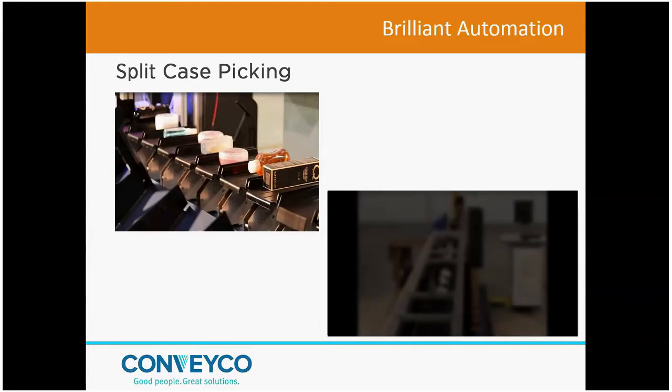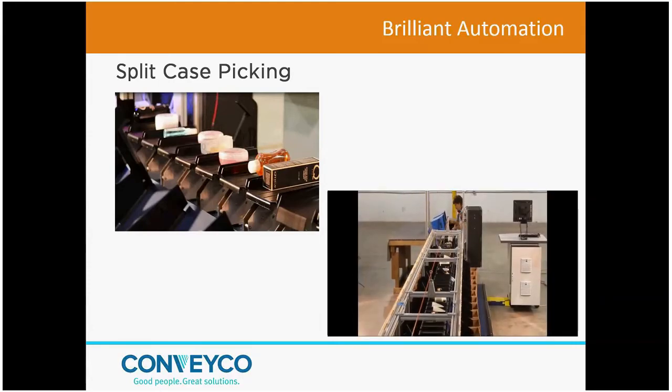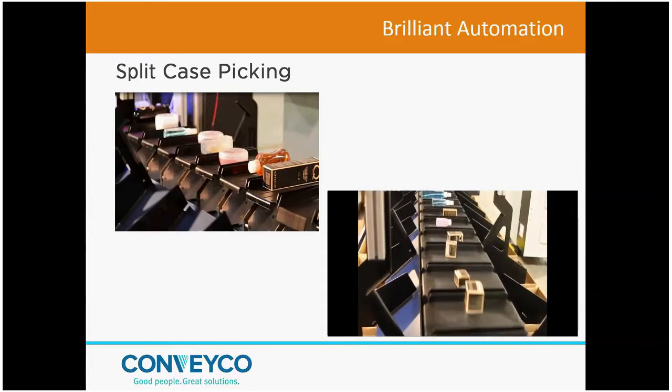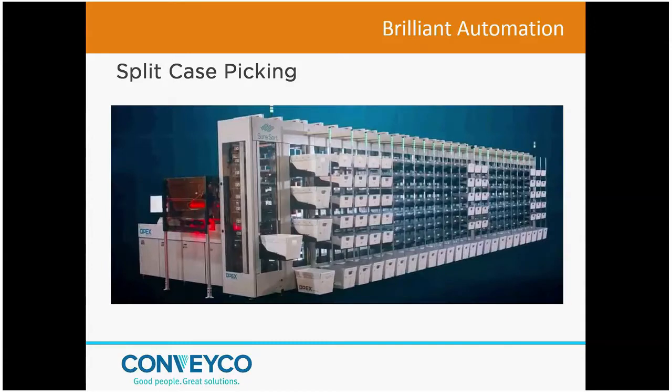So it's the same concept of batch picking for many orders at one time and having the system sort them out to discrete orders. This is a unit sorter that essentially does the same thing as a cross belt or tilt tray, but the way that they use their cross belt is they add a dimension. So what you're able to do is sort to more locations in a smaller footprint in your facility.